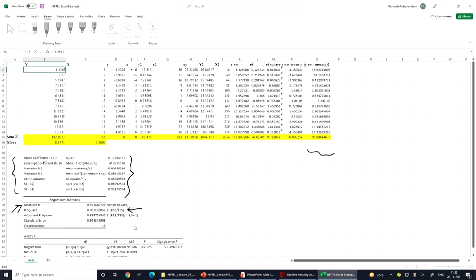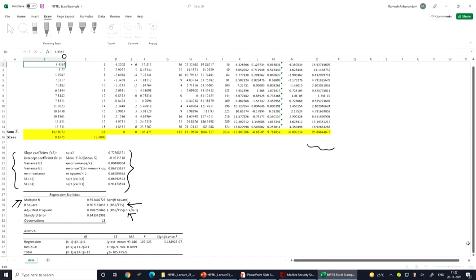We have already defined the degrees of freedom correctly, and the number of observations in this case is 13. Accordingly, you can calculate the rest of the details. Once you click on this particular table, all its commands will be useful for your calculation.